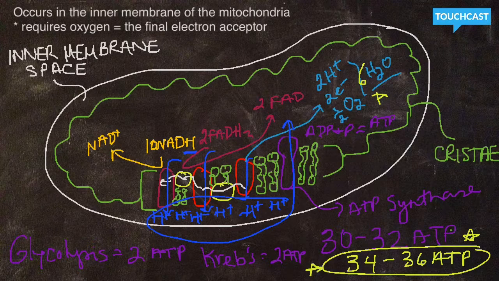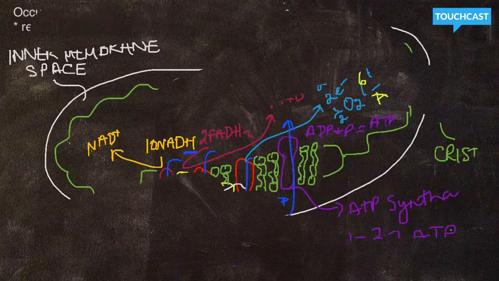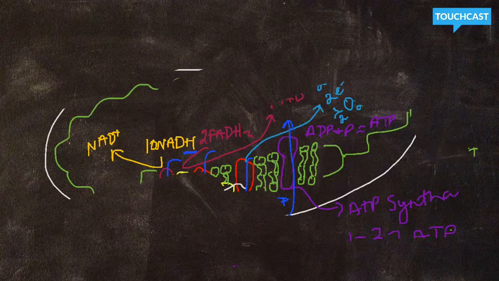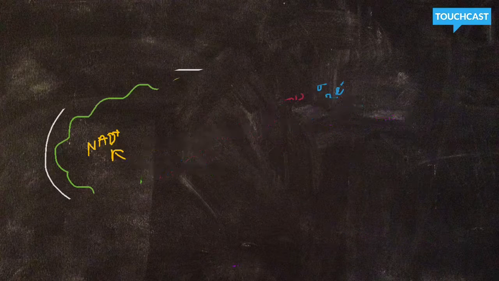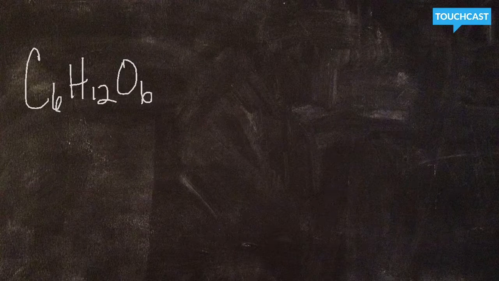So let me erase some space here, and we'll review our equation for cellular respiration, since this is the last video in this series. Okay, so when we're talking about cellular respiration, the first thing we need to do is write down our glucose, which is C6H12O6.